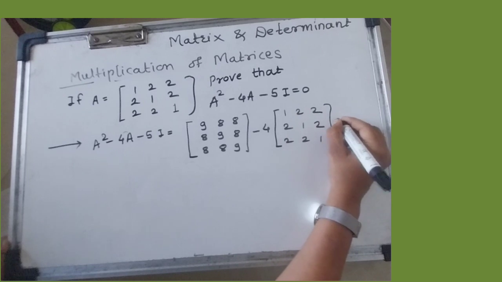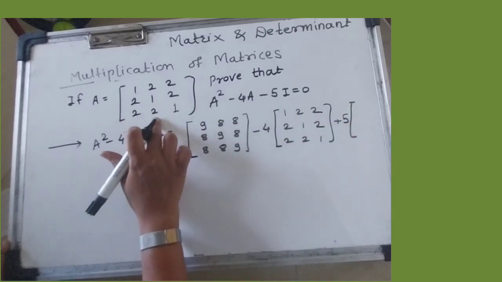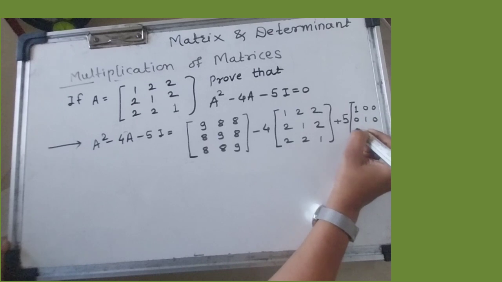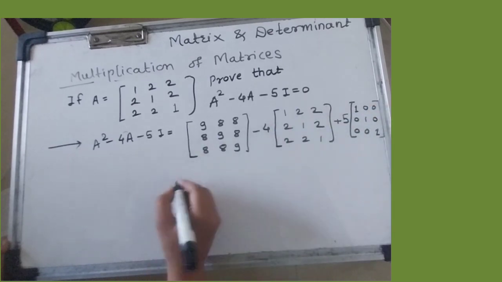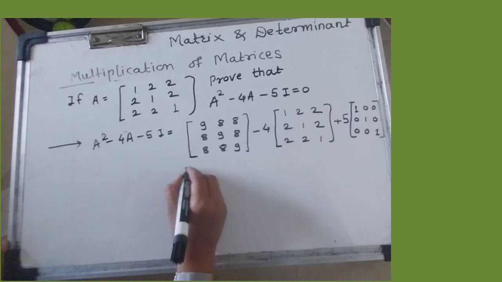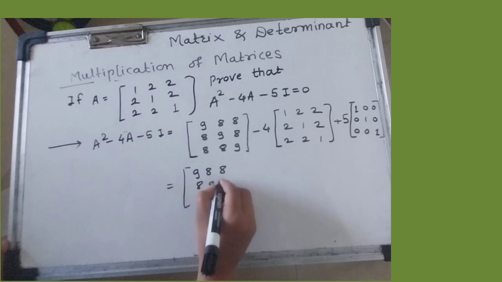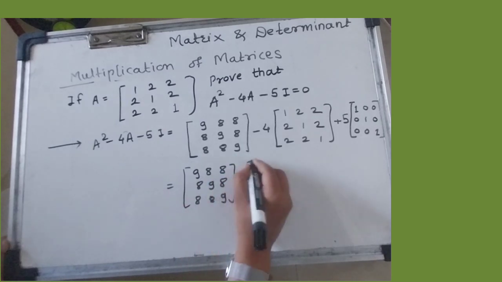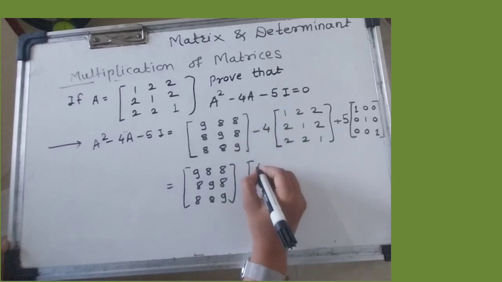Now 5 into I. I is the identity matrix. Given matrix is 3 by 3. So take a matrix is 3 by 3. 1, 0, 0, 0, 1, 0, 0, 0, 1. Okay. Now the first matrix as it is 9, 8, 8, 8, 9, 8, 8, 8, 9. Product of this scalar multiplication. 4 into 1, 4.